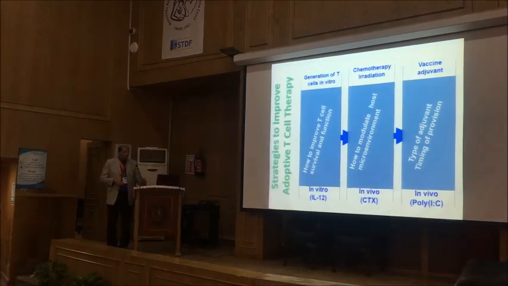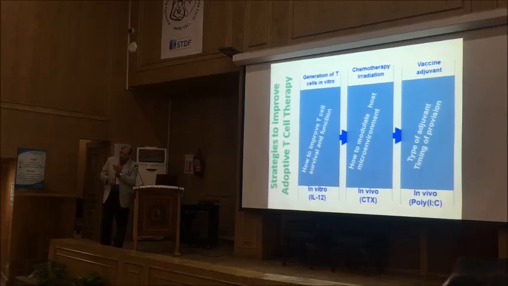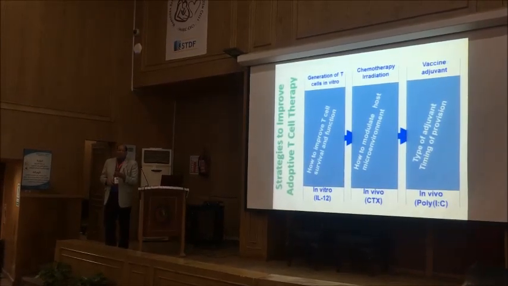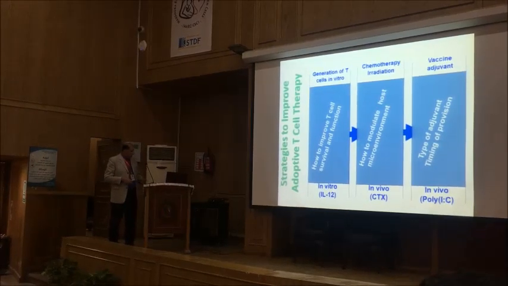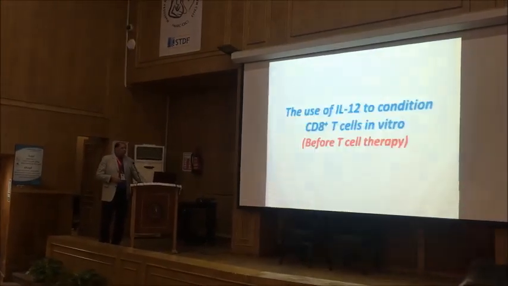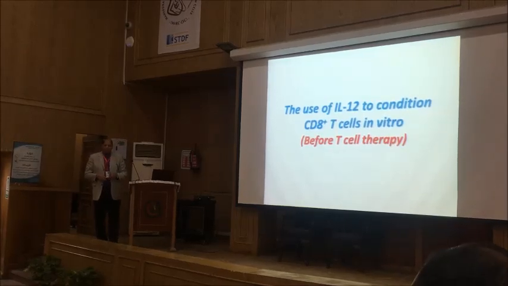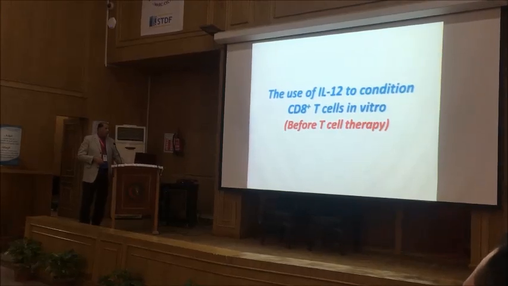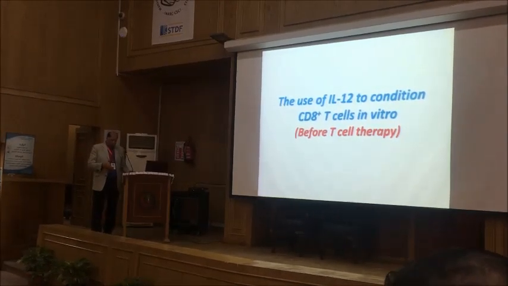However, we started to think about whether we could omit vaccination and just use the cells alone after we condition them with IL-12, without vaccination. This actually came to our mind because we have another story about IL-12. It started in 2001.